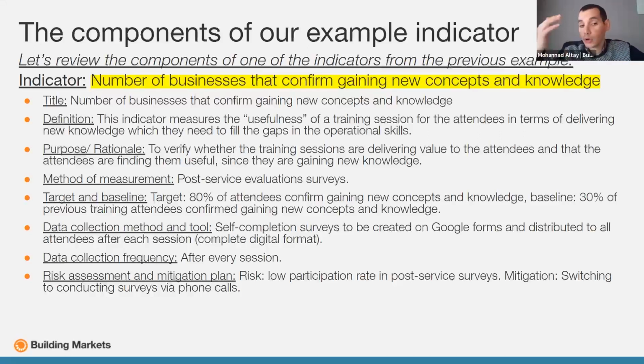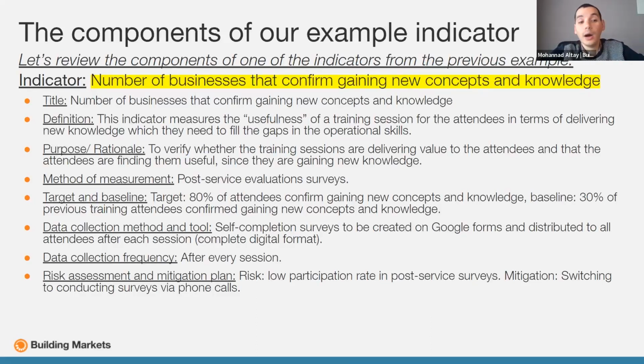And those are the 8 different components of indicators. We reviewed them with respect to one of the indicators that we came up with for one of our services, and this is how they apply.